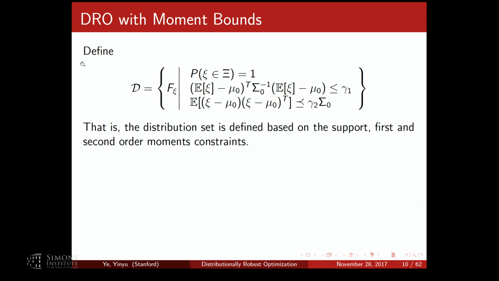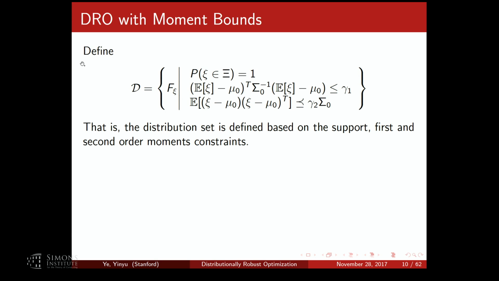Okay? So this distribution set is defined based on support, first moment, and second order moment constraints. That's what it is. So the question is, given such a D, we have this matrix inequality. This matrix has to be less than lambda 2 times another matrix, where lambda 2 could be a scalar bigger than 1, less than the sample variance.